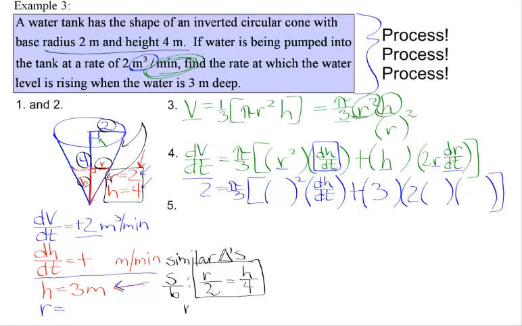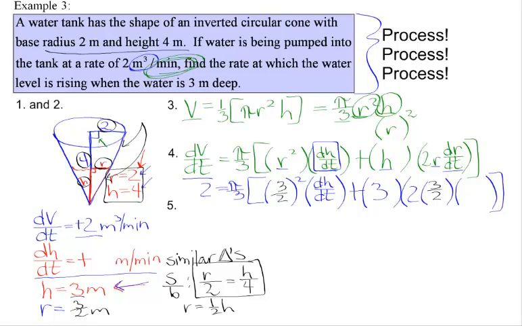We could clean it up. r is always going to be 1/2 of h. When h is 3, r must be half of that. So everywhere I see an r, I get to write 3/2. Always a true statement. Always, always.